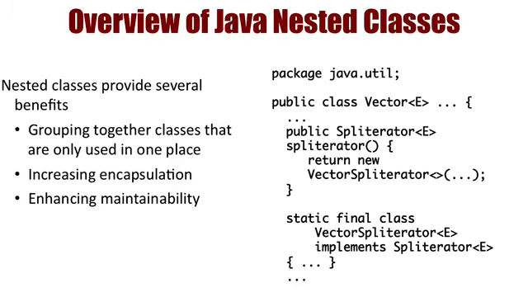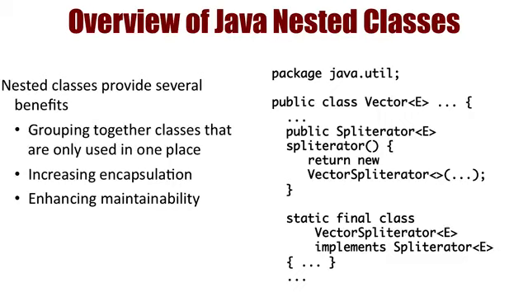Nested classes also increase encapsulation by hiding implementation classes that needn't be visible to other top-level classes. For example, the nested Iter class is defined as private, so it can't be accessed by clients that use Vector. Finally, nested classes enhance maintainability by placing nested classes within top-level classes, so the nested classes are defined close by to where they are used by programmers.